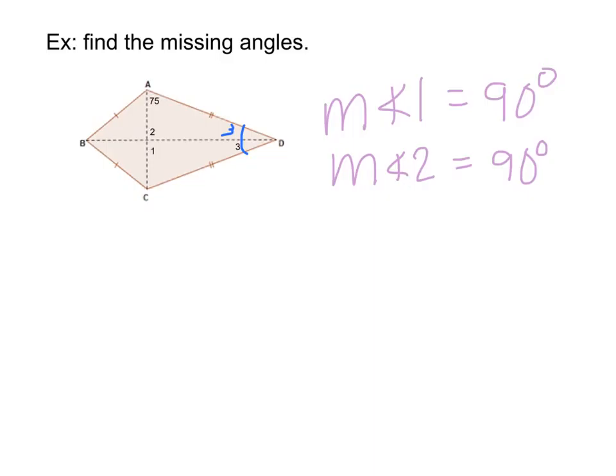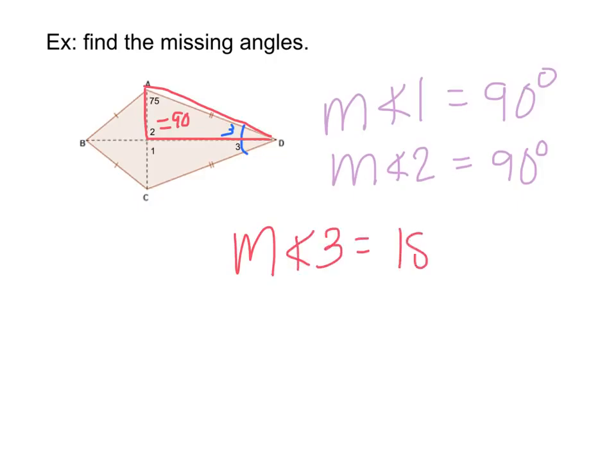So what we do is take a look at this triangle, and we already know that 2 is equal to 90. So we add those up and subtract from 180. The measure of angle 3 is equal to 180 minus 75 plus 90 first. Then we can figure this out.